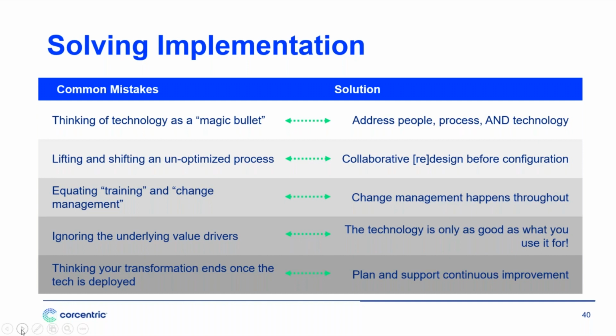Tech deployment is the first part of a transformation. Think about planning and supporting continuous improvement. So again, going out and training, 6 months after implementation, doing a regroup and making sure you're hitting your goals, doing the same thing in 12 months.